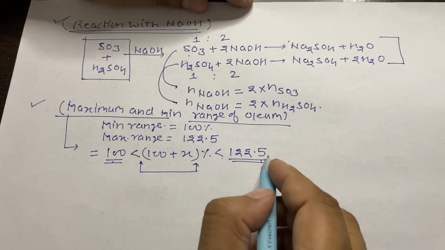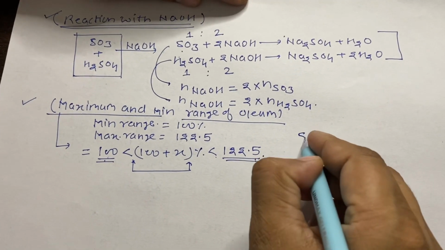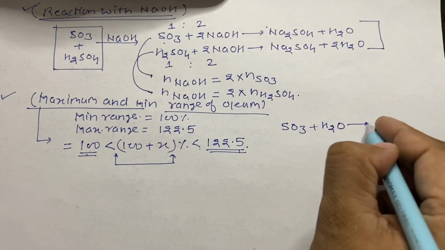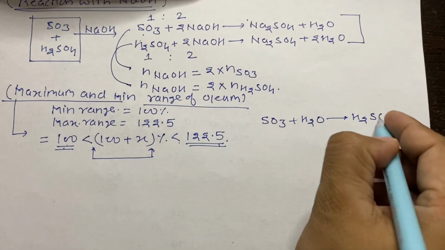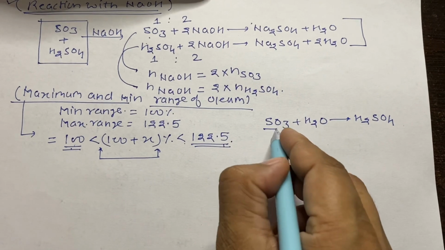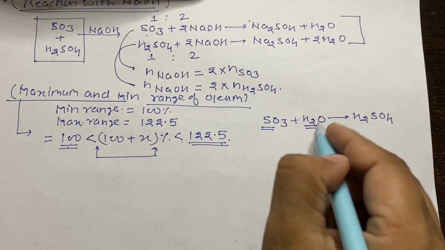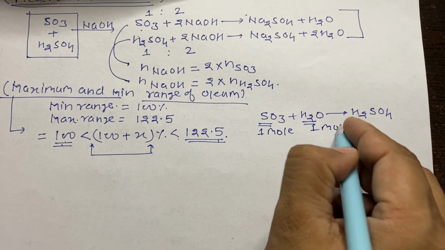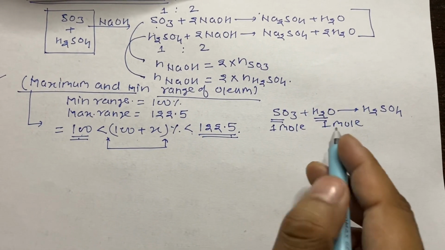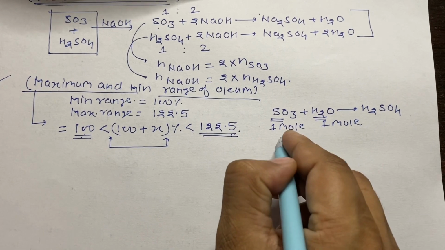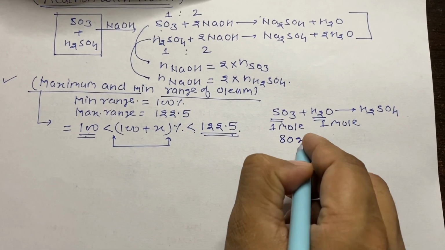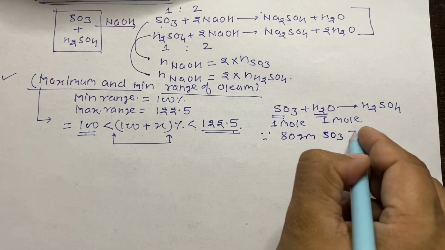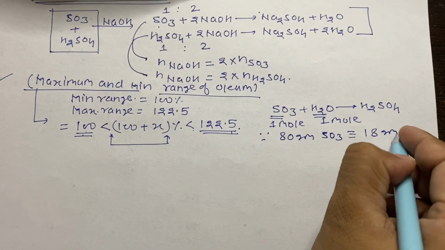How can we decide the maximum range of this oleum sample? As we know, SO3 on reaction with water is converted into H2SO4, this is free SO3. So we can calculate the mass of water required to convert the entire free SO3. For 80 gram of SO3, 18 gram of water is required.